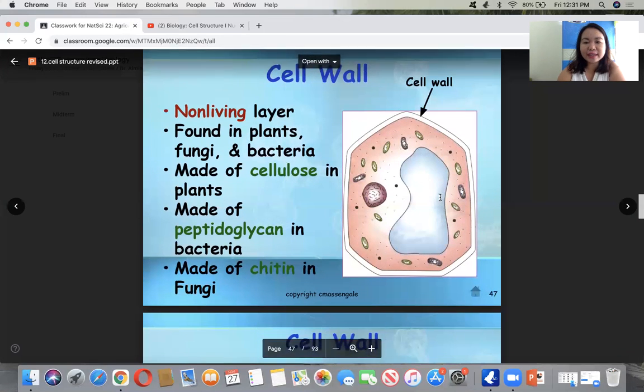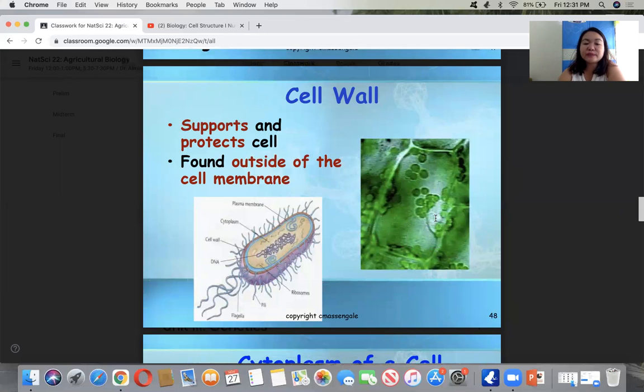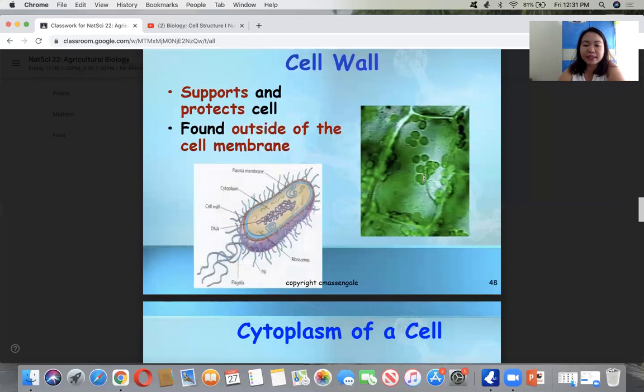So different cell walls have different components in different types of organisms. The cell wall supports and protects the cell and is found outside of the cell membrane.